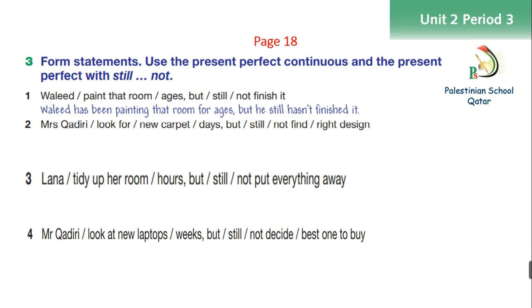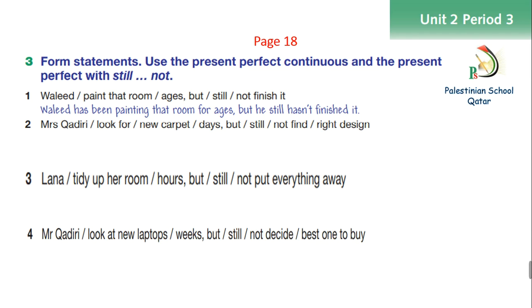Use the present perfect continuous and the present perfect with still and not. Walid paint that room ages but still not finish it. So we change it to: Walid has been painting that room for ages but he still hasn't finished it.